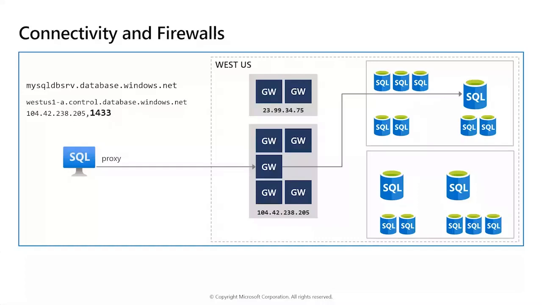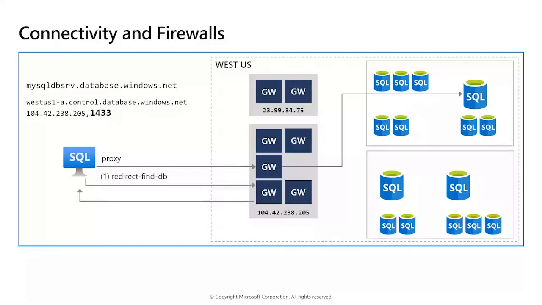Now, for connections to use this kind of connection policy mode, the client needs to allow outbound communication from the client to all Azure SQL IP addresses in the region on ports in the range of 11000 to 11999. We can also use service tags for SQL to make this easier to manage.